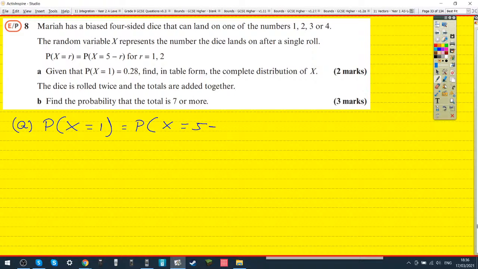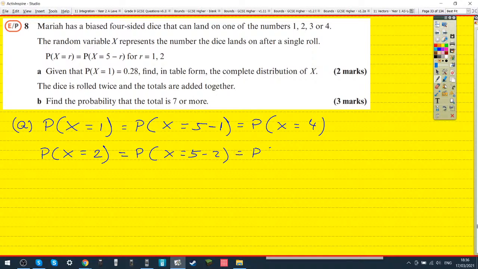X equals 5 minus 2. Well, we used r as 1 first. So simplify. 4. Yep. So now let's do probability x equals 2. 3. Yep. Minus 2 equals probability x equals 3.